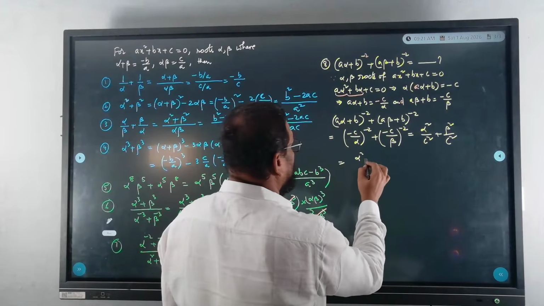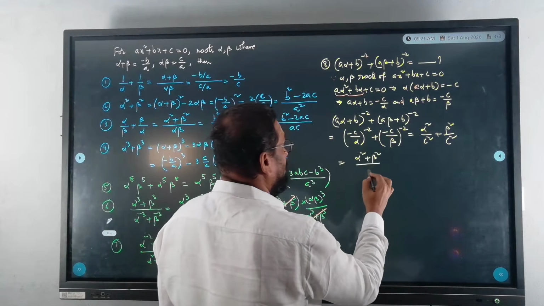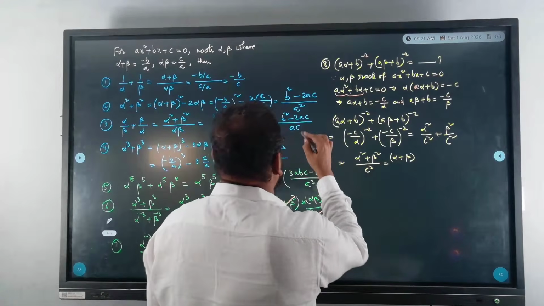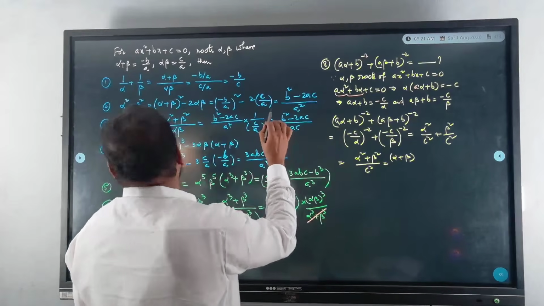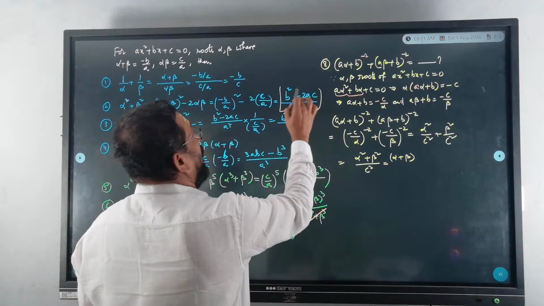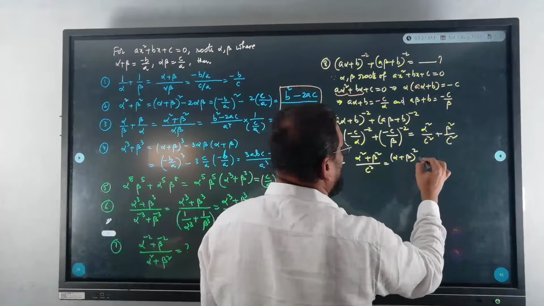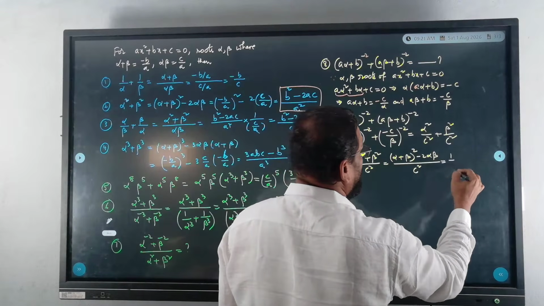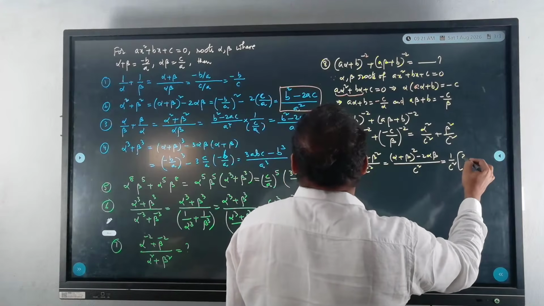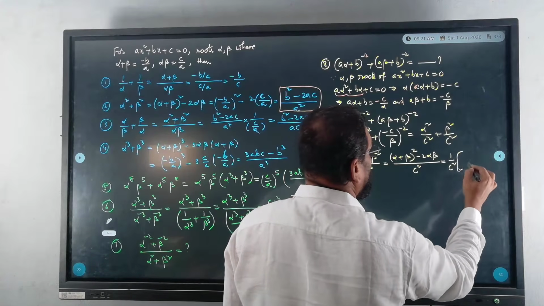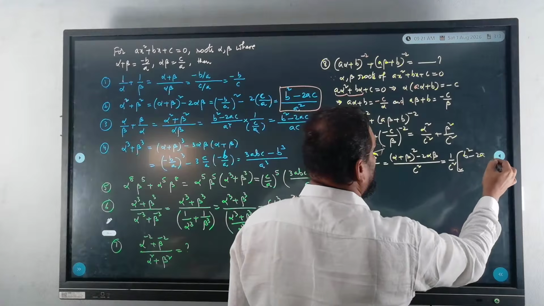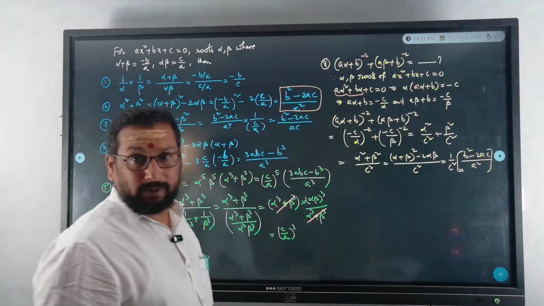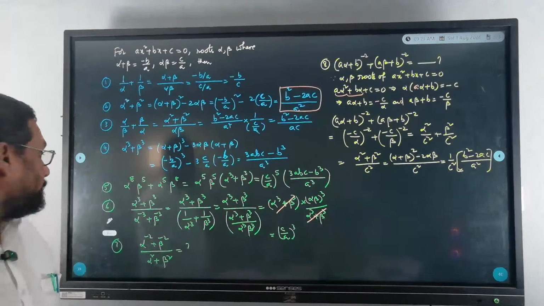So alpha square plus beta square by c square. If you remember, the value of alpha square plus beta square is here. If not, alpha plus beta whole square minus 2 alpha beta by c square. So 1 by c square into b square minus 2ac by a square. That's the required answer. Okay, change.